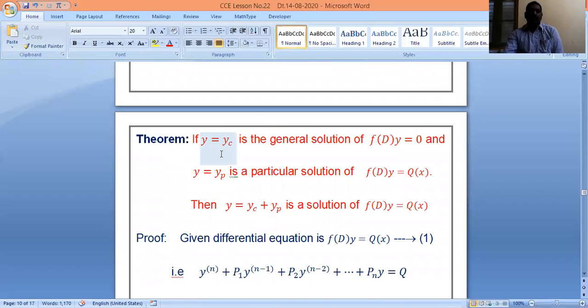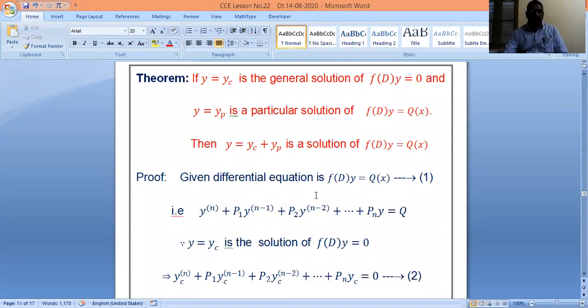Theorem: if y is equal to yc is the general solution of f of D into y is equal to 0, that is, a homogeneous linear differential equation, and y is equal to yp is a particular solution of f of D into y is equal to q of x, then y is equal to yc + yp is a solution of f of D into y is equal to q of x.